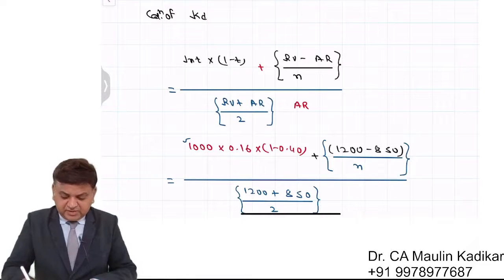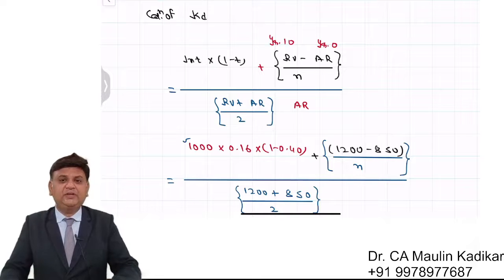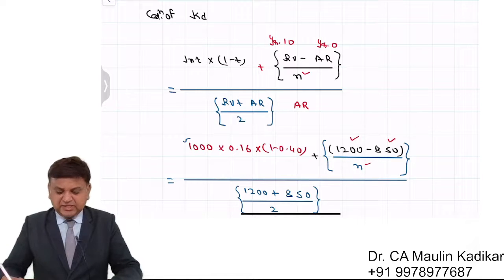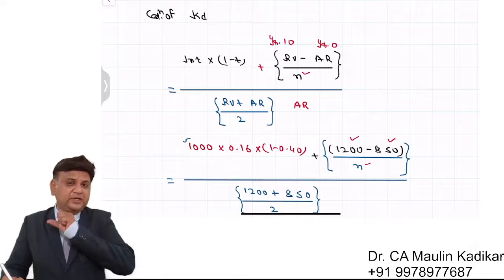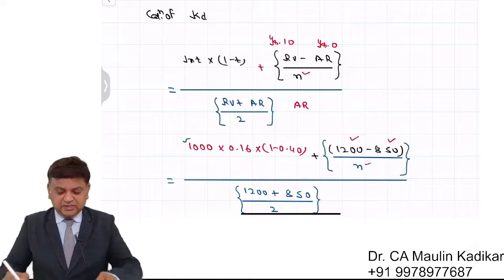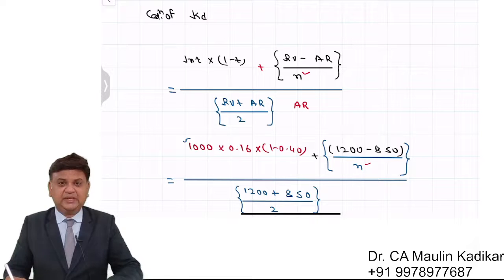See, the amount received value is of year 0 and the redemption value is of year 10. So basically the concept of time value of money does not allow us to subtract 850 from 1200. When you divide the same with the number of years, then the concept of time value of money is absolutely violated. That is the reason going with this formula is basically wrong, but still we just want to have the approximate idea.